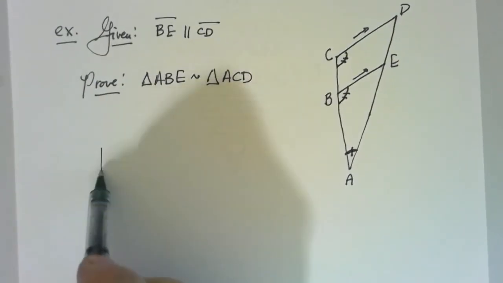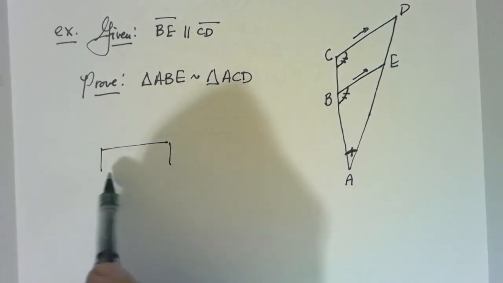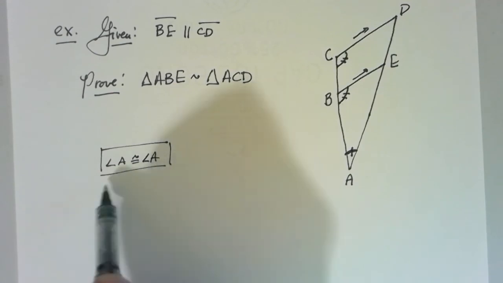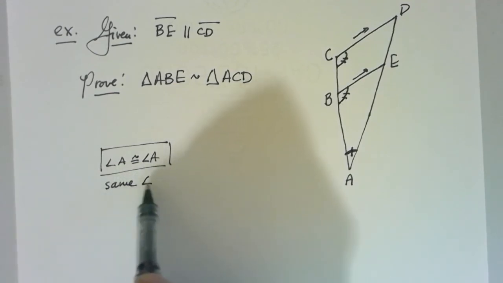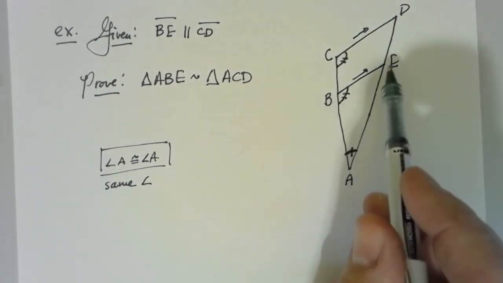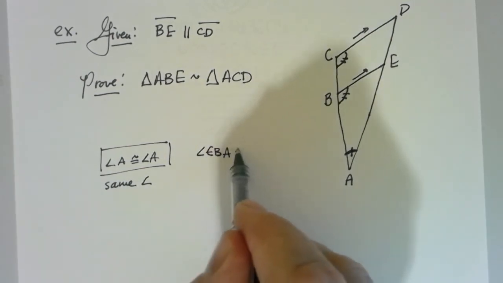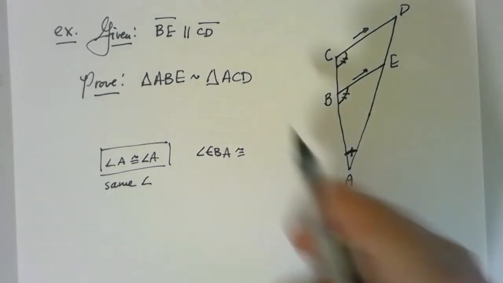So I write angle A is congruent to itself. It's the same angle. And I'll say angle EBA is congruent to angle DCA.